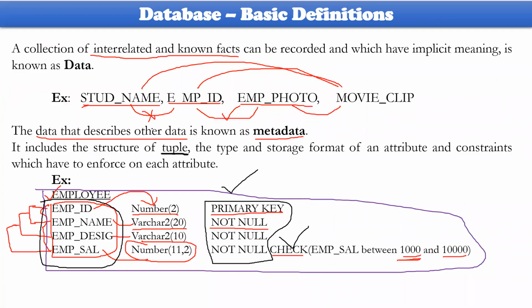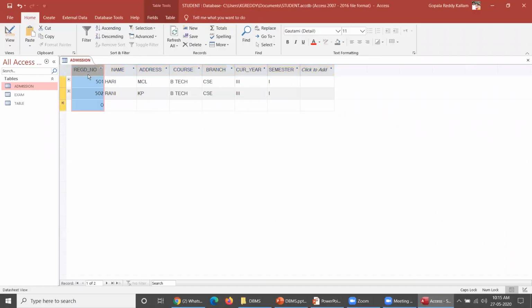Technically speaking, that is called a tuple. Whereas each tuple is a combination of several columns here. Technically speaking, it is not a column, but for the instance of time, I'd like to consider it a column.